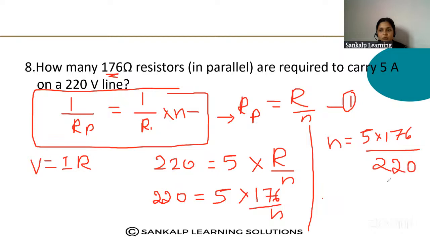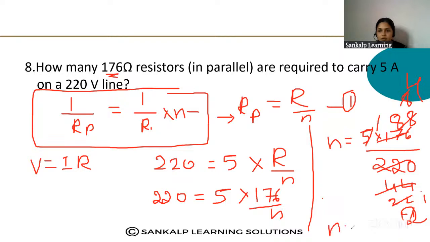Divided by 220. 5 fours are 20, 2 twos are, 2 fours are 8. So N is equal to 4.